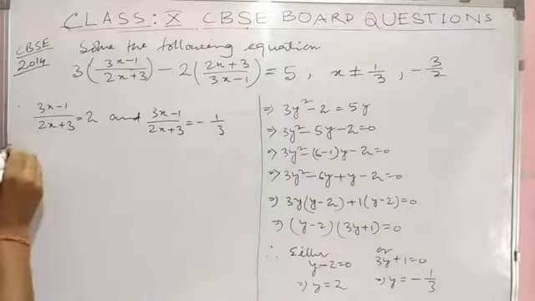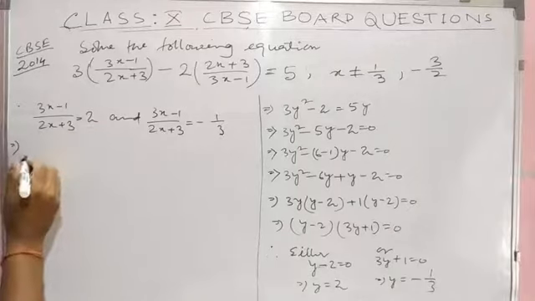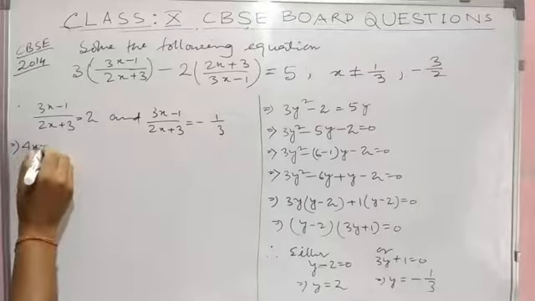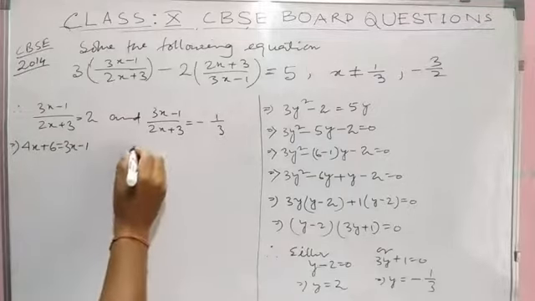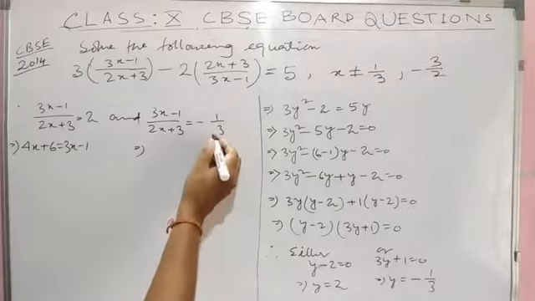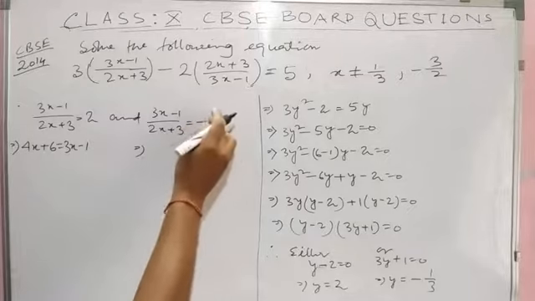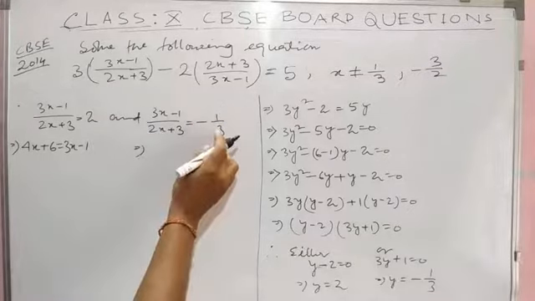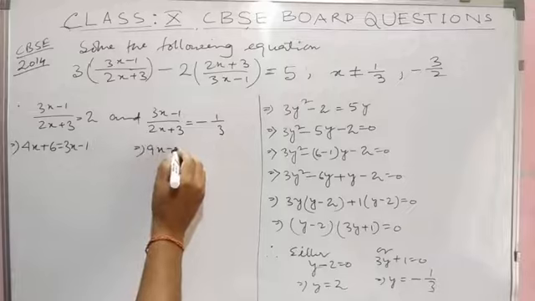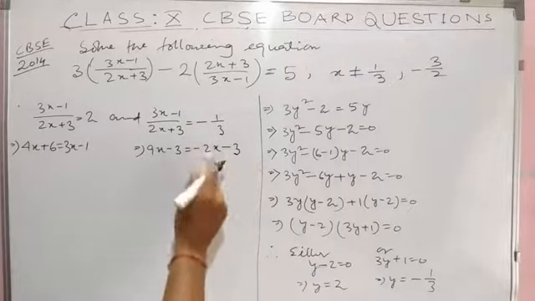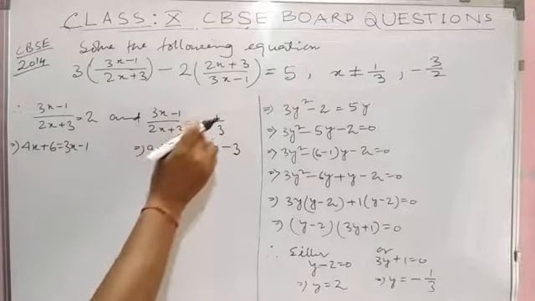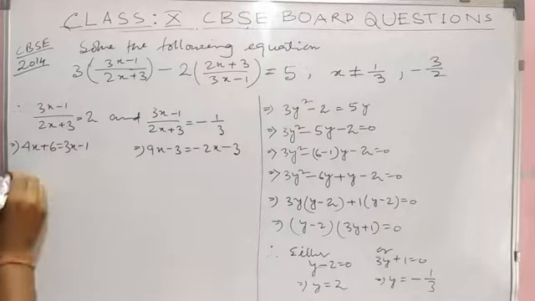Now let us do the cross multiplication. So it will be 4x plus 6 equal to 3x minus 1, and this one will be 3 into this, 9x minus 3 by minus 2x minus 3 by minus 1, by multiplying this.